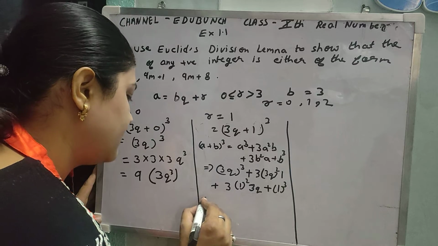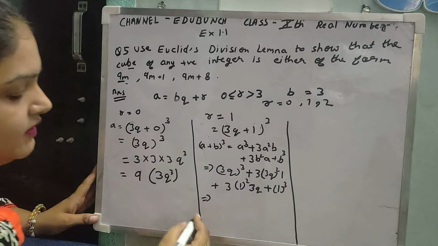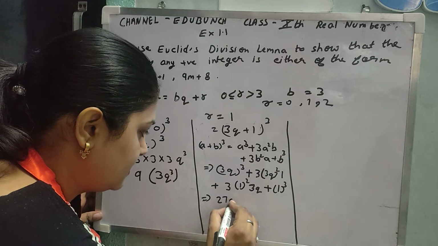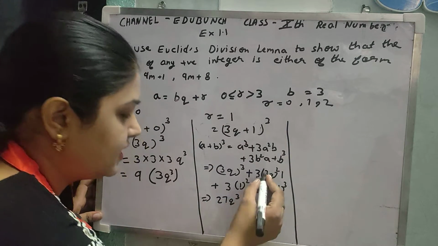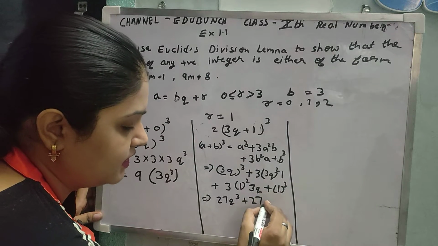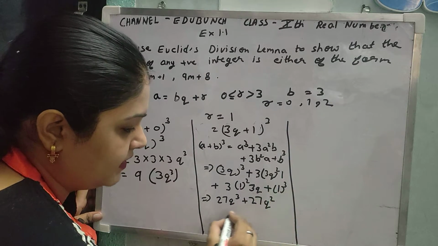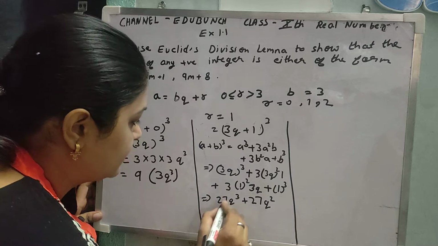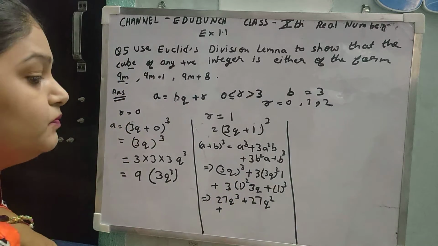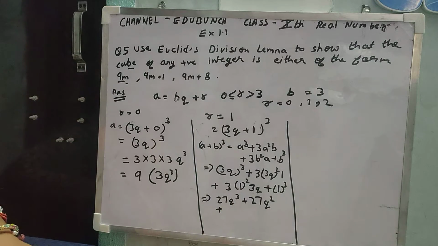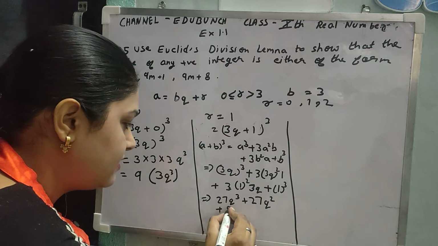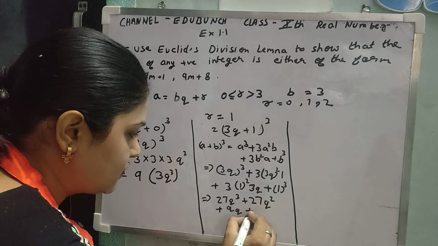When we solve this, 3 3s are 9, 9 3s are 27, so 27q cube, plus 3 3s are 9, so 9q square, plus 3 into 3 is 9q, plus 1.